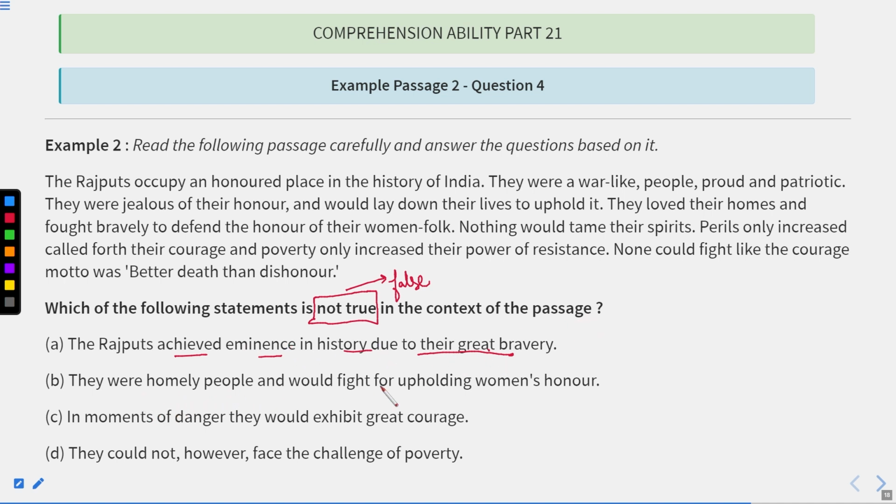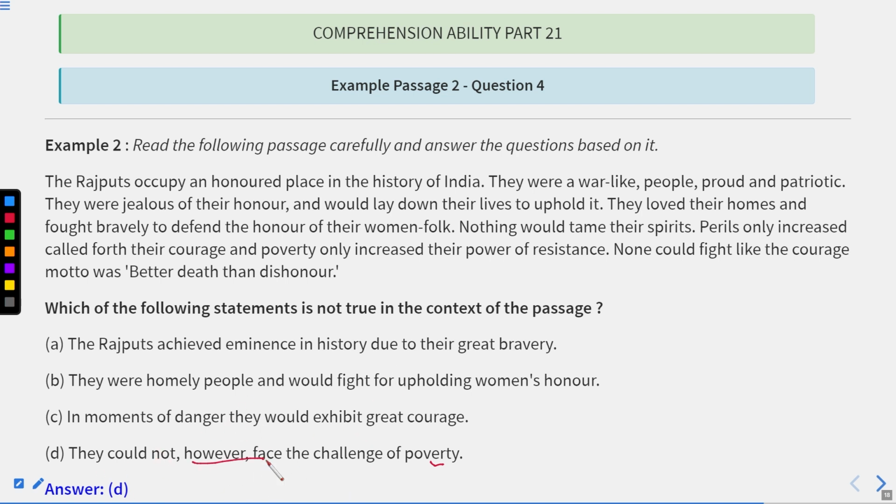They were homely people and would fight because they loved their homes, so they can fight for women's honor. This statement is also correct. In moments of danger, they would exhibit great courage. They could not, however, face the challenge of poverty. So this will be the incorrect statement. It is not given in the passage as well.